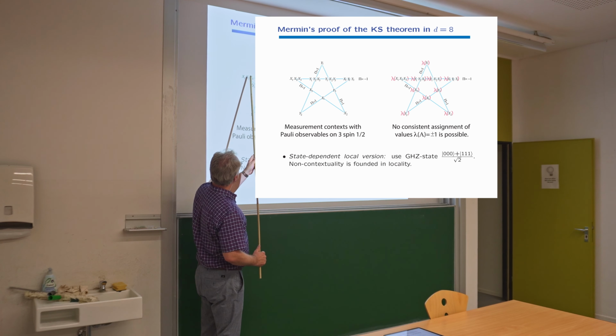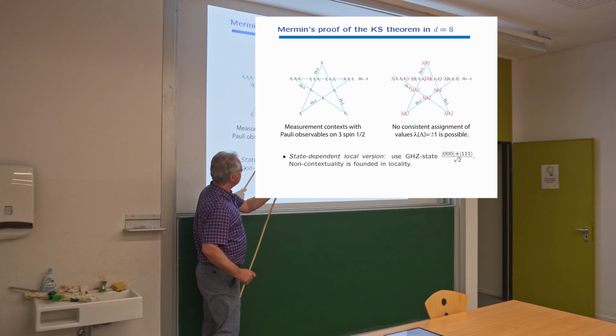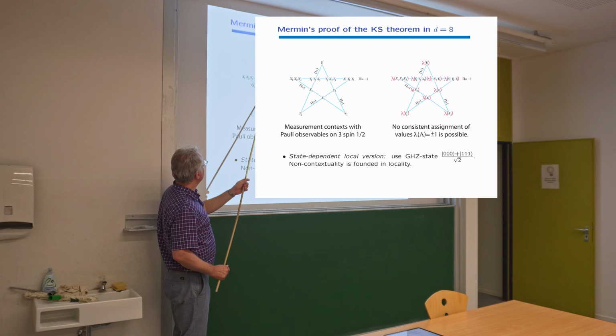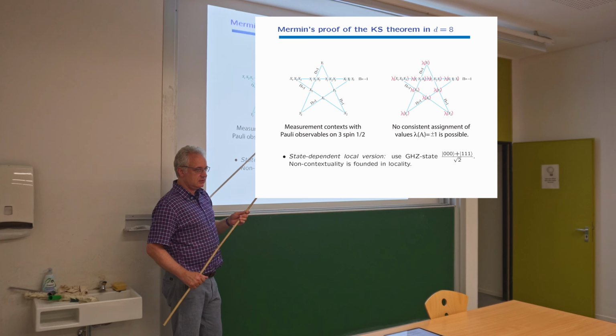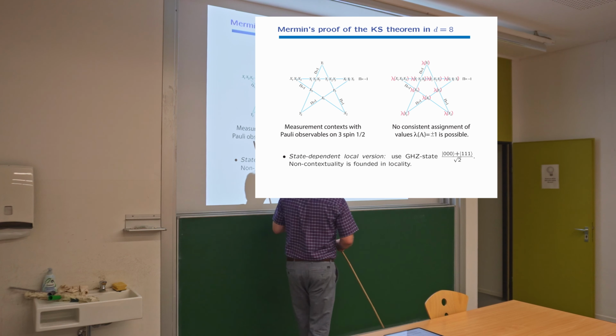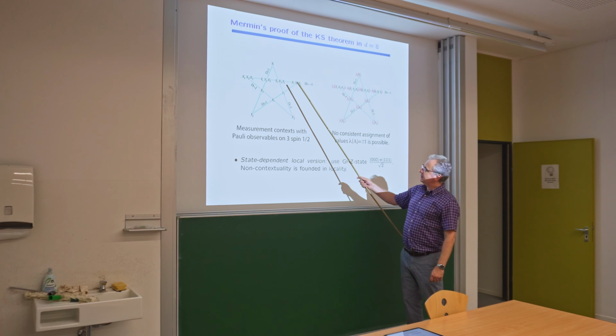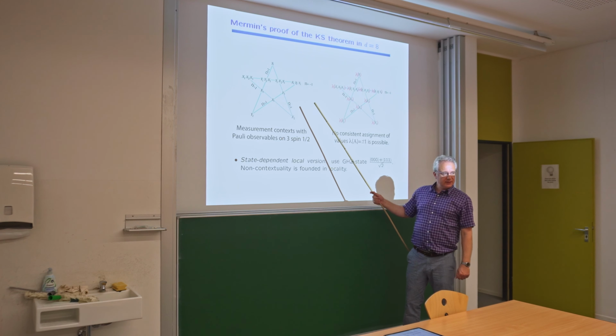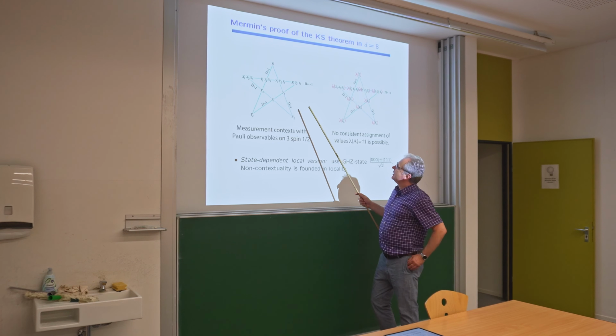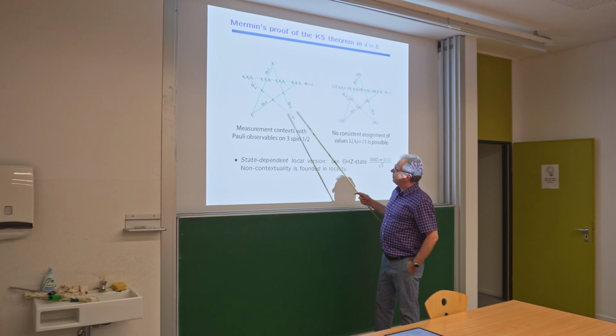So you have 4 observables in each context, and each observable is in 2 contexts. Furthermore, context means that everything in it is commuting, can be simultaneously measured. And that's what is necessarily needed.